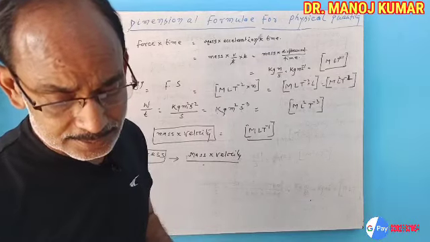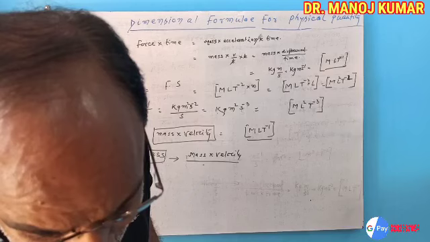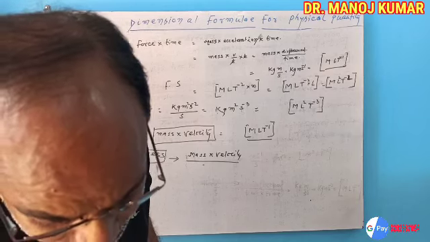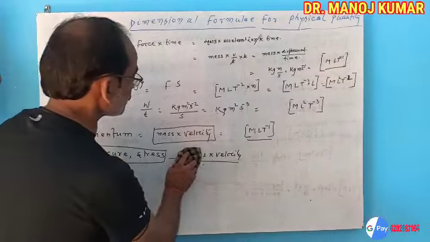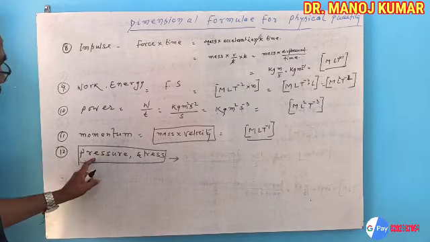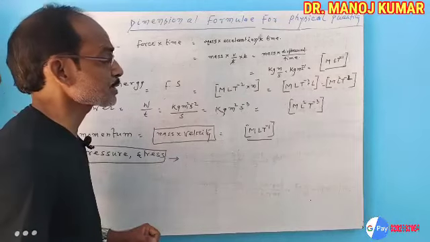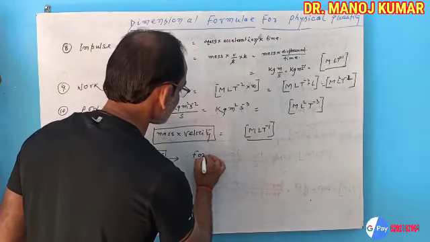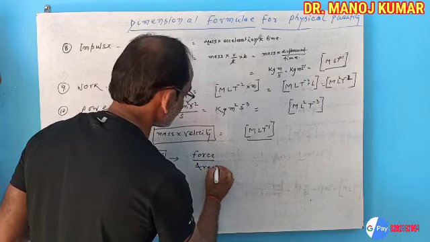In this way I would define it. Pressure and stress is the ratio of force and area, that is force upon area.